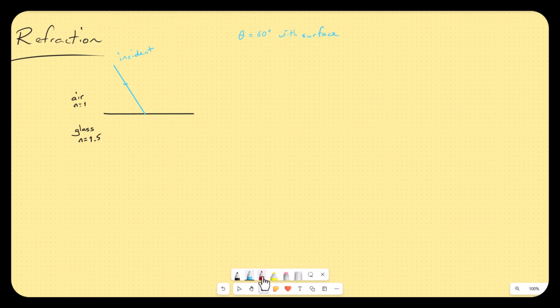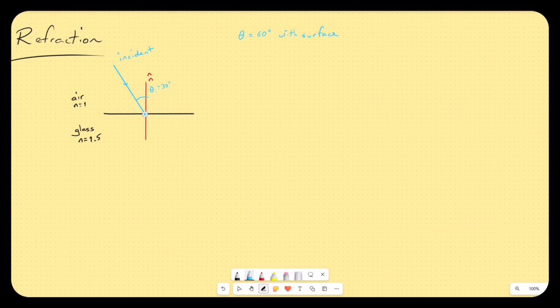But we know right away we don't want the angle with the surface. What we want is the angle with the normal. So let's draw in our normal. If that is 60 degrees with the surface, then that means I have 30 degrees. Theta incident equals 30 degrees.